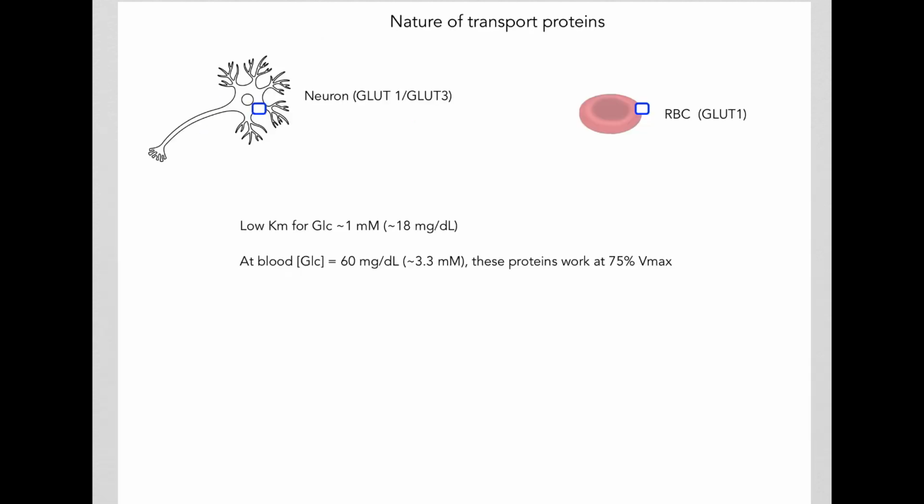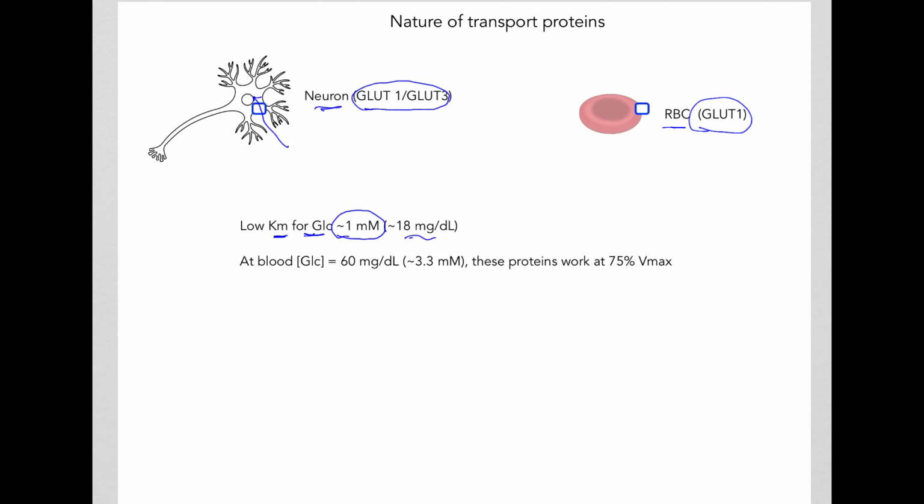Consider the glucose transport protein. Neurons have predominantly GLUT1 and GLUT3. These are proteins that transport glucose into the cell. Red blood cells have predominantly GLUT1. When you look at the Km for glucose, these proteins, GLUT1 and GLUT3, have a very low Km, about 1 millimolar for glucose.